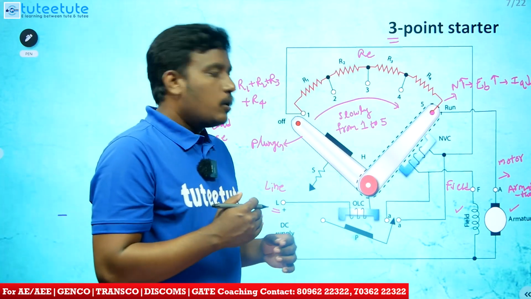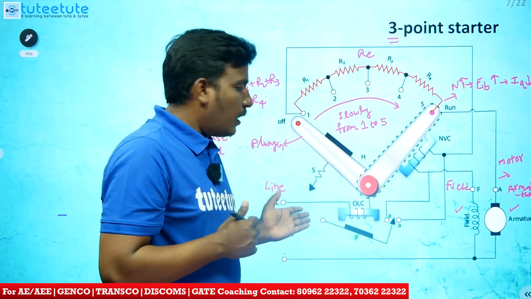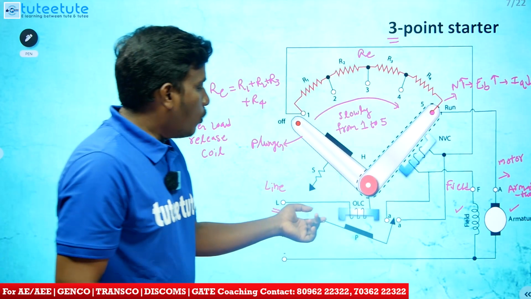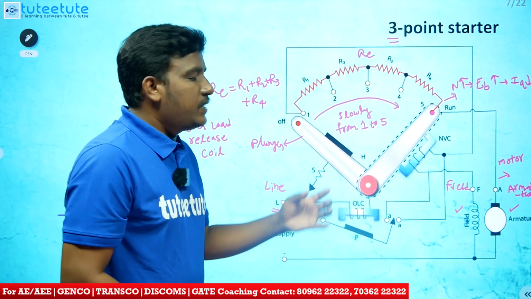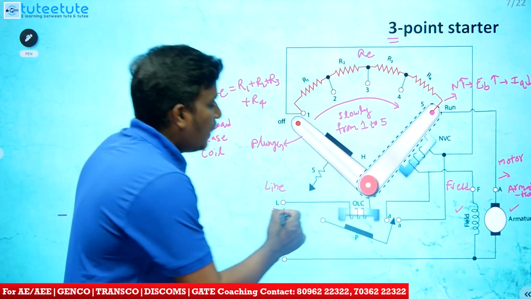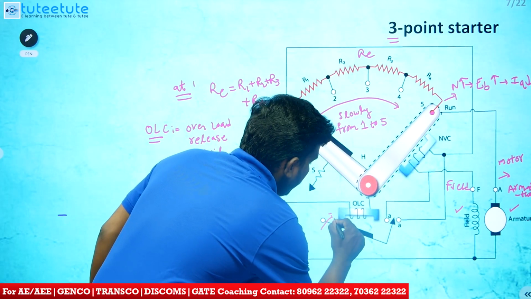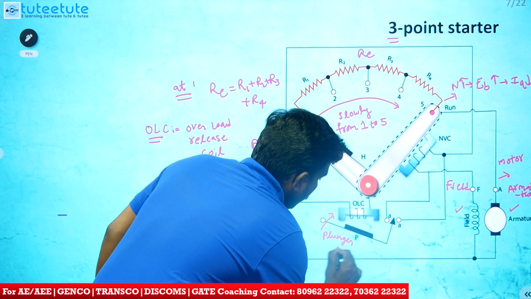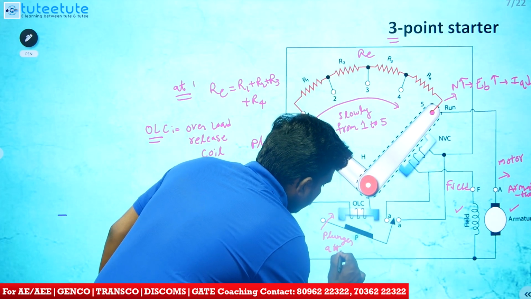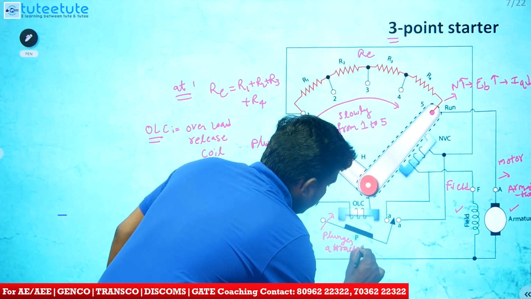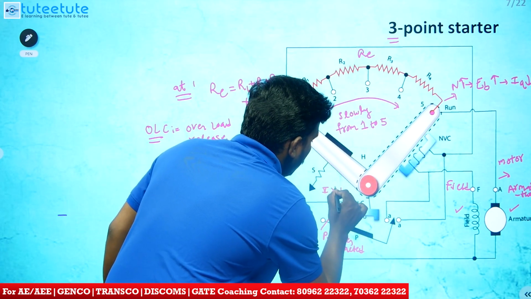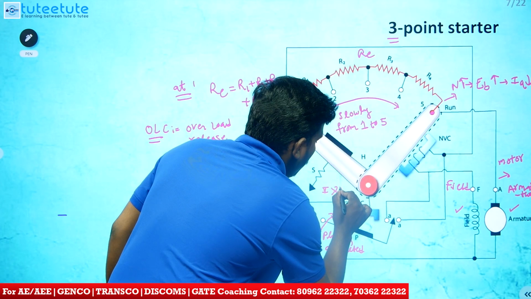If the current through the overload coil is more than this setting, the OLC acts as an electromagnet and the plunger is attracted when I is greater than 2 times I rated.